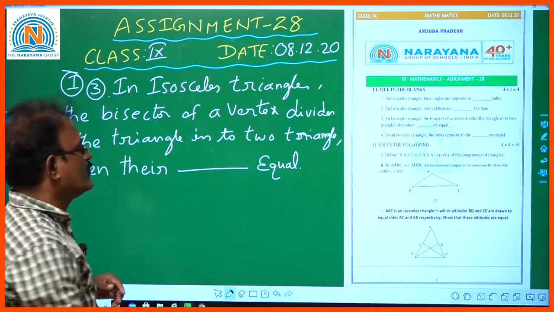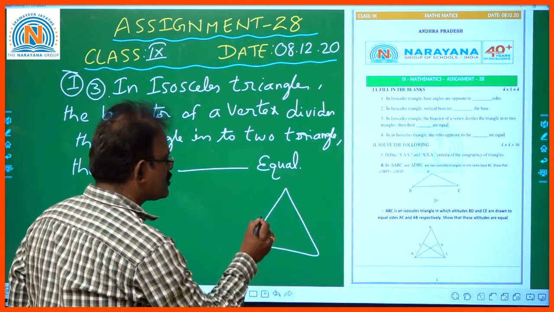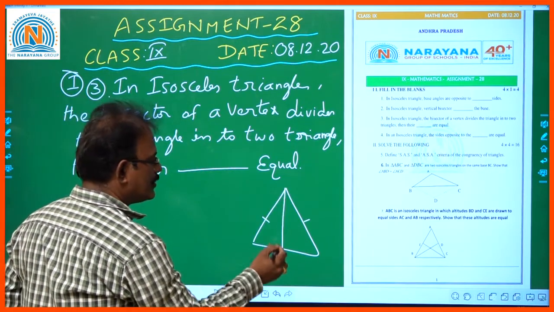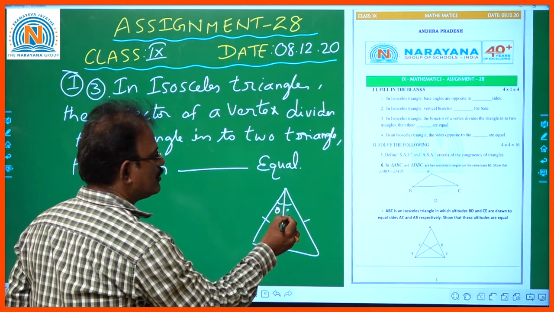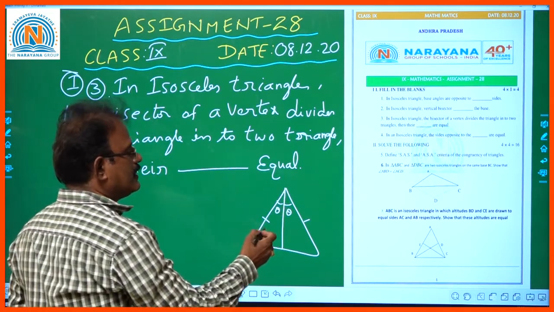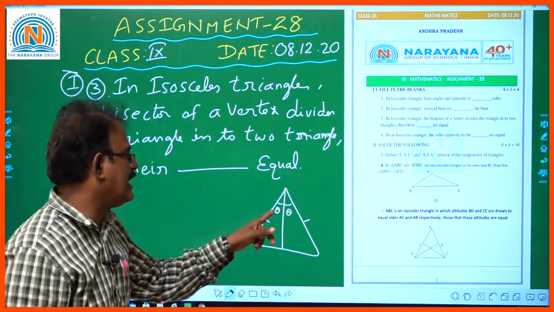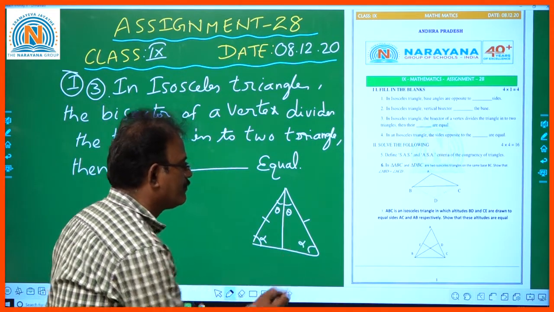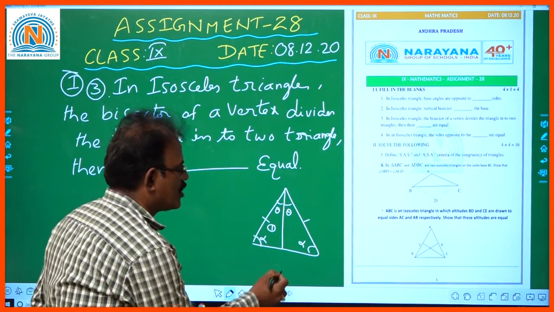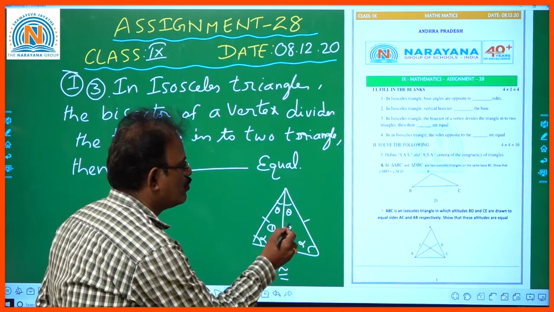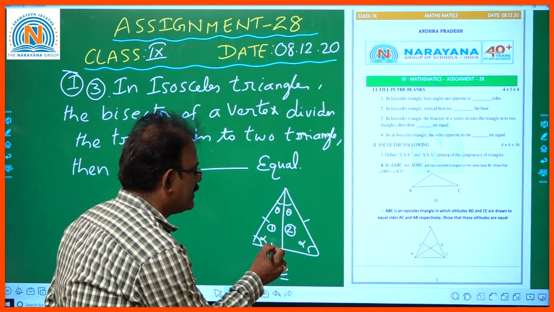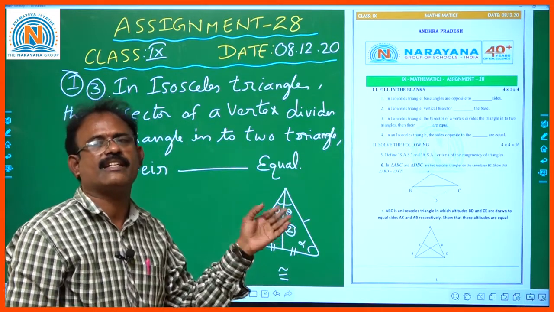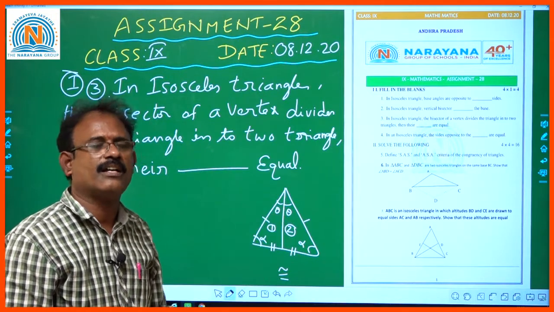See, if you consider an isosceles triangle with the vertical bisector, these two sides are equal, right? Then just now we discussed angle, side, and from the base angles, triangle 1 is congruent to 2, then these are CPCT parts: CPCT angles, CPCT sides, all are equal.